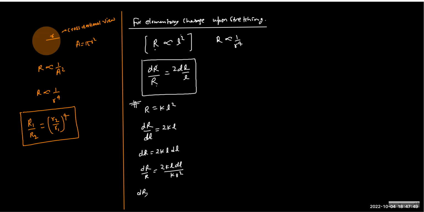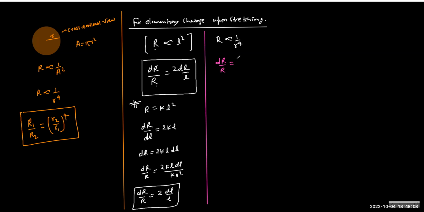You can see clearly that this will be 2 dL by L. Now this is not required to do, so you just write the fraction and multiply with power, and that is a simple way of getting the differential relation whenever you have something like this.